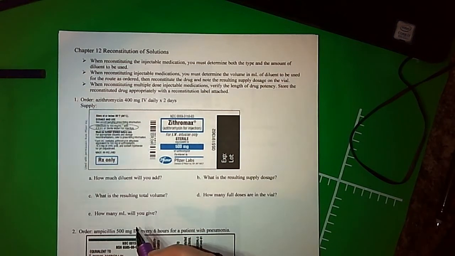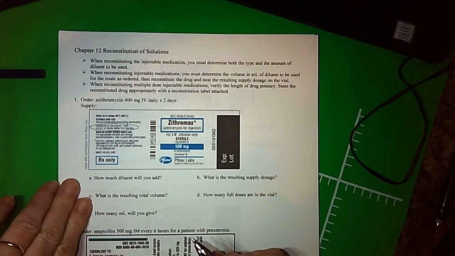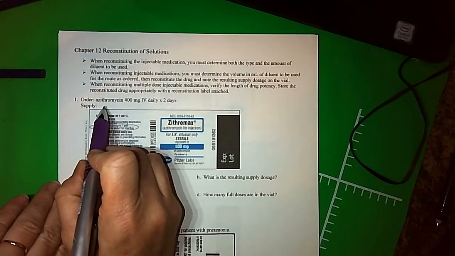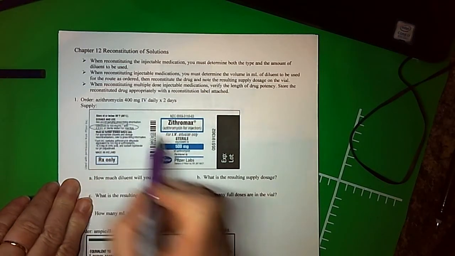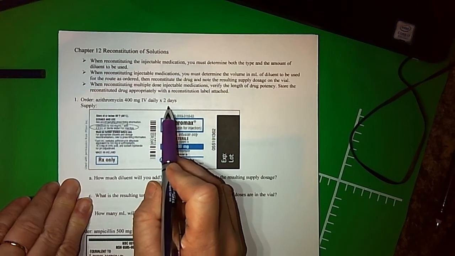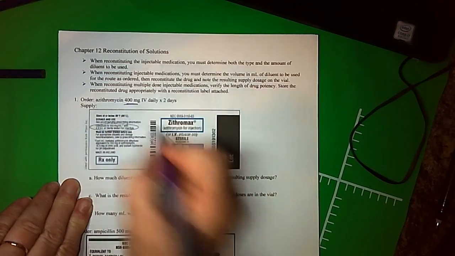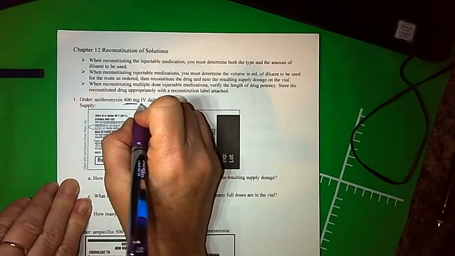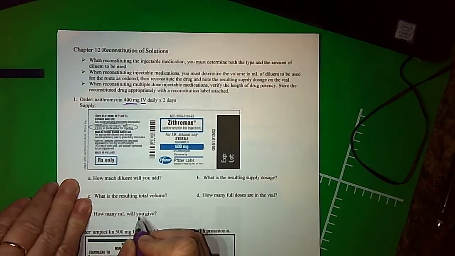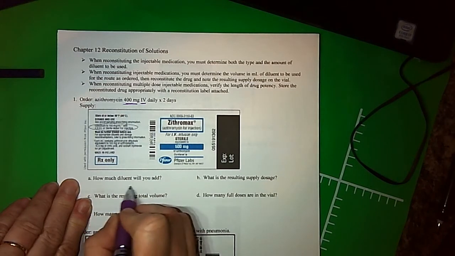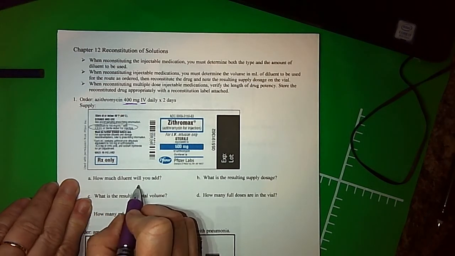But let's look at these. Example number one here. The order is erythromycin 400 milligrams IV daily times 2 days. So just like everything else, we're going to eventually have to know our 400 milligrams. We have to know it's an IV. Now to answer these questions, how much diluent will you add?